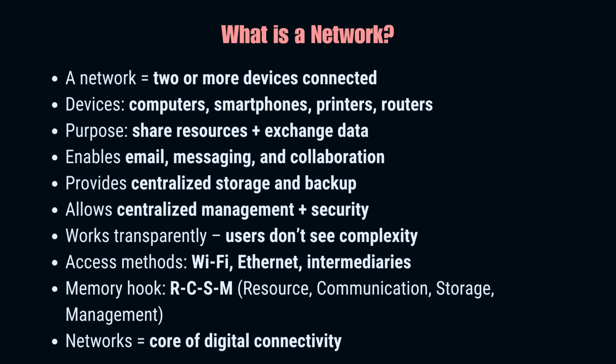Network media carries the actual data, including copper cables like Ethernet for local connections, fiber optic cables for high-speed, long-distance transmission, and wireless signals for mobility and convenience. These 3 components work together seamlessly, with the network remaining transparent to end users who simply see connectivity, regardless of the underlying infrastructure complexity.